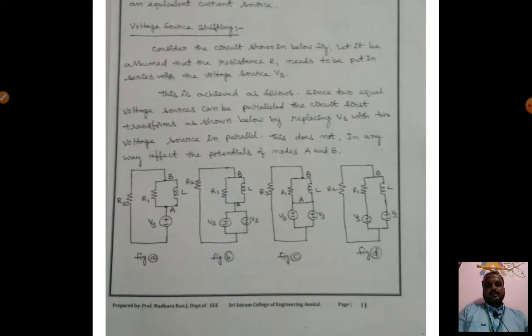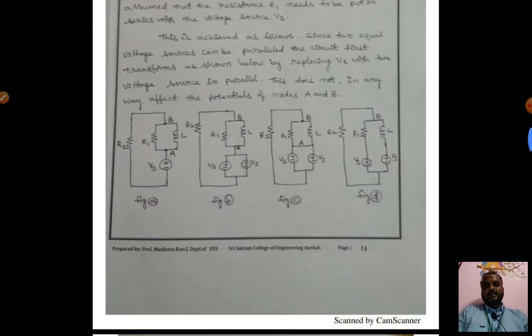Next, this common point can be converted into a single point, and A is as shown in figure B. And also, if it is parallel, you can convert it into series. So this is how we are shifting the voltage sources, right?